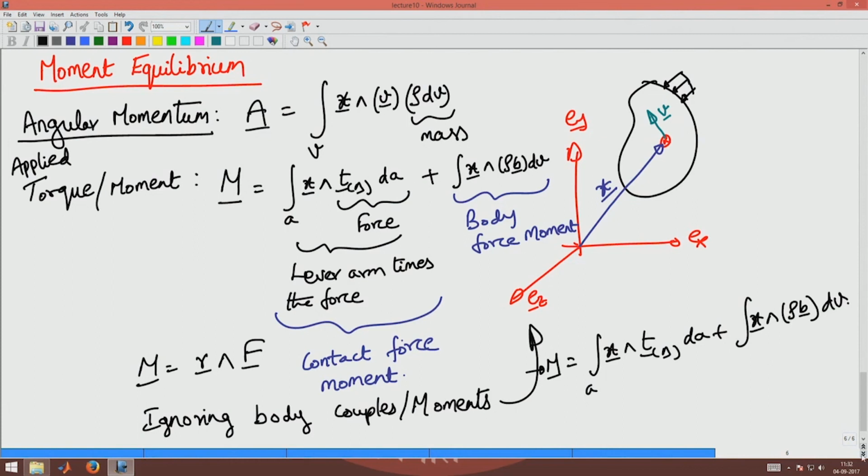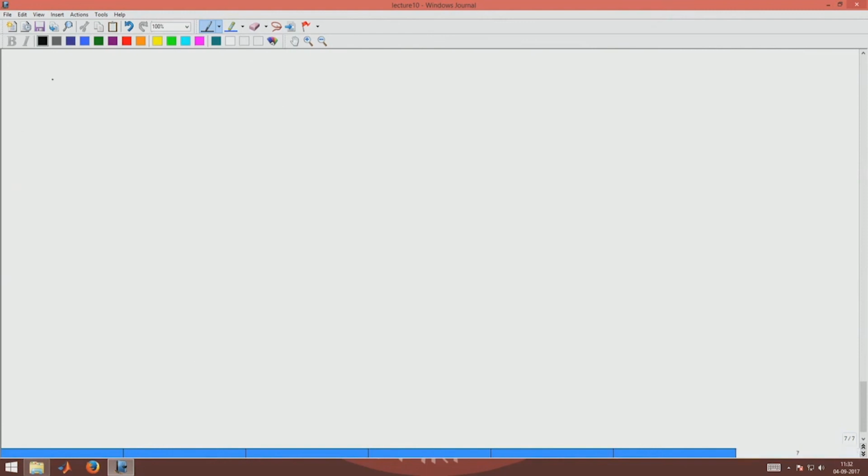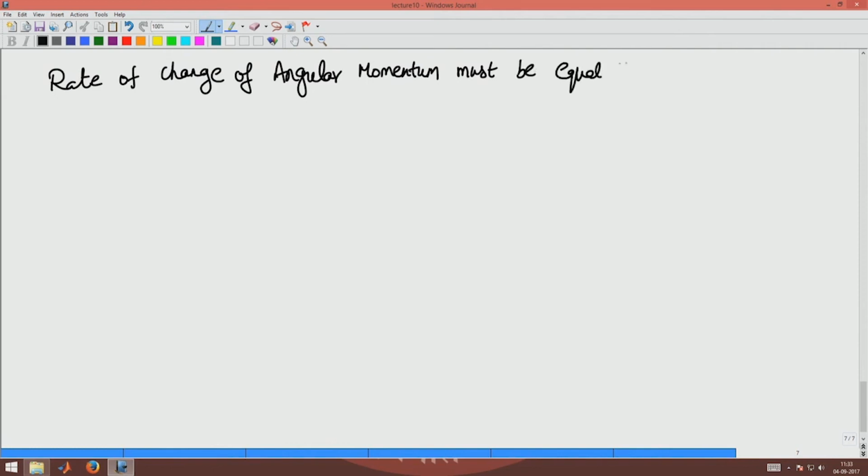Now, according to the law, the rate of change of angular momentum must be equal to the applied moment in magnitude and direction.